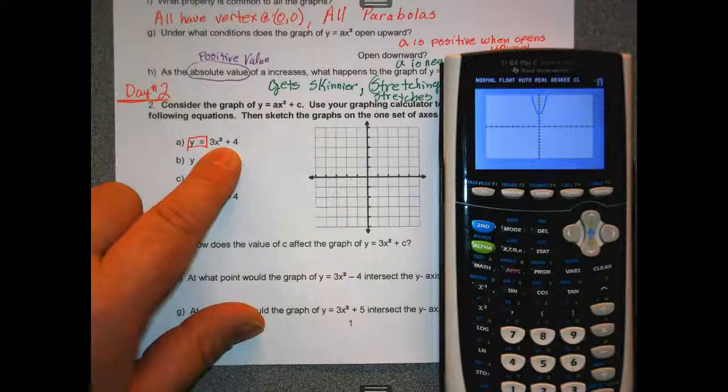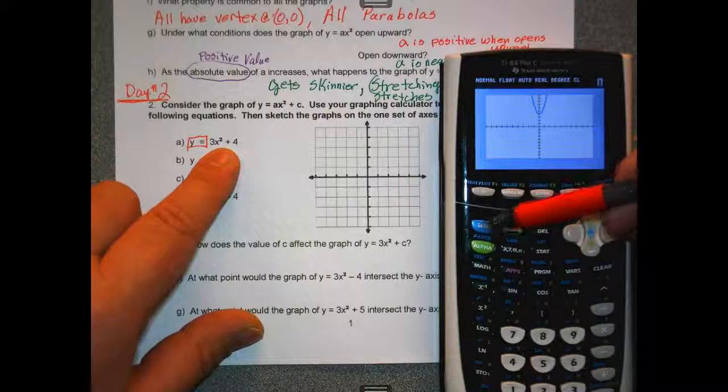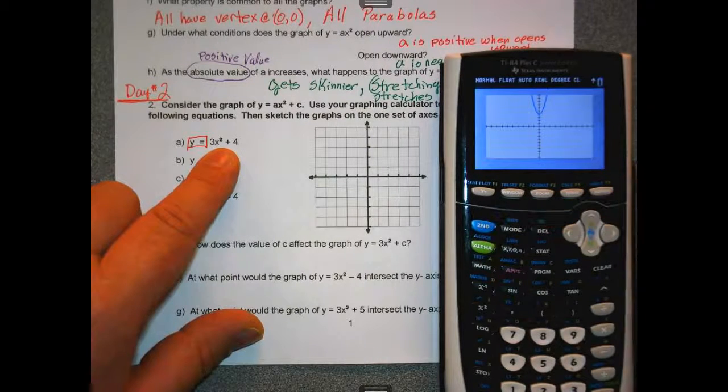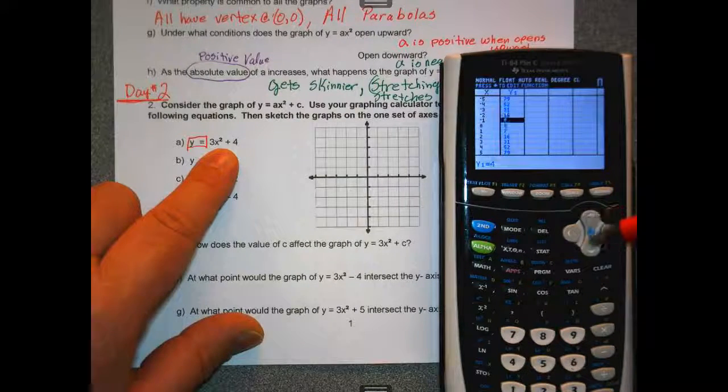Now I'm going to go ahead and graph this particular one by getting some points. I'm going to hit my second key, graph, brings up my chart. I can locate my vertex here because my y values start repeating at 7. So I know that 0, 4 is our vertex.